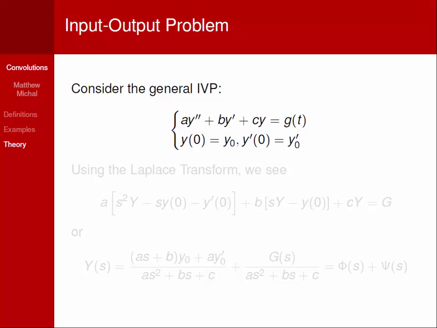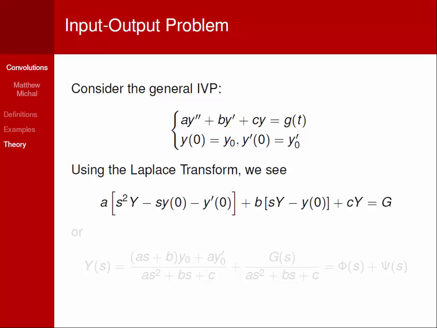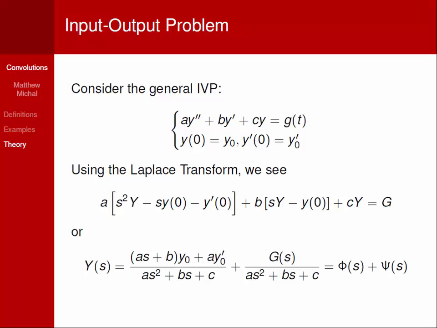So, in an arbitrary system with constants a, b, c being real numbers, a general forcing term g(t), a general initial position, and a general y prime, I take the Laplace transform, I plug it in, and I solve.